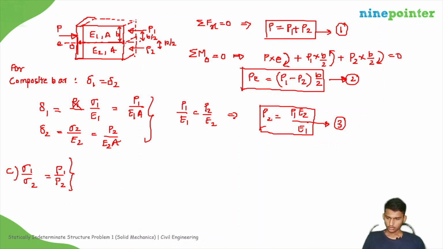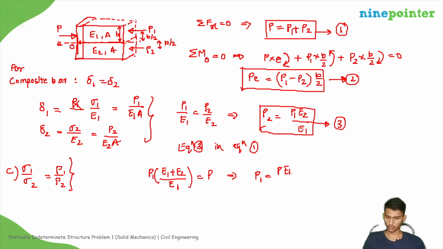So see, if you put equation 3 in equation 1, we get P1 plus P1 E2 by E1 is equal to P. So that will give rise to P1 is equal to P E1 divided by E1 plus E2.